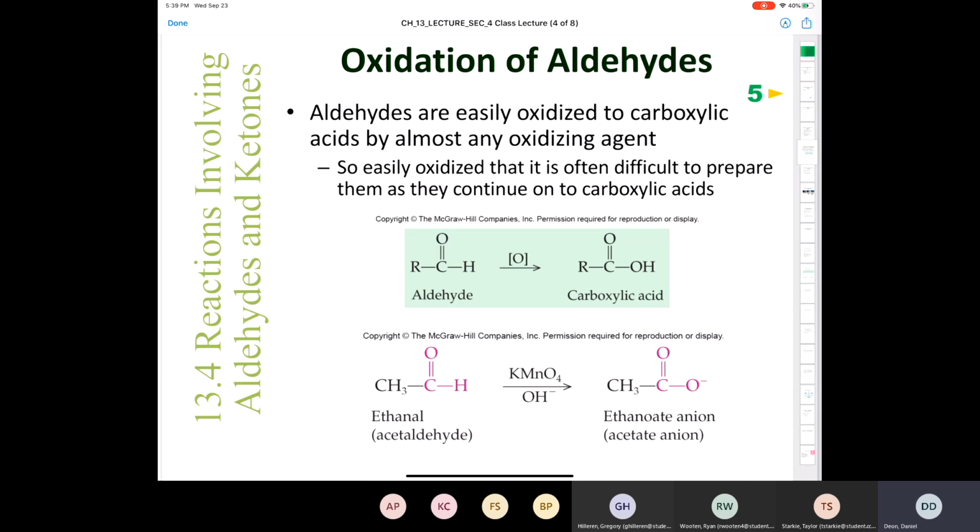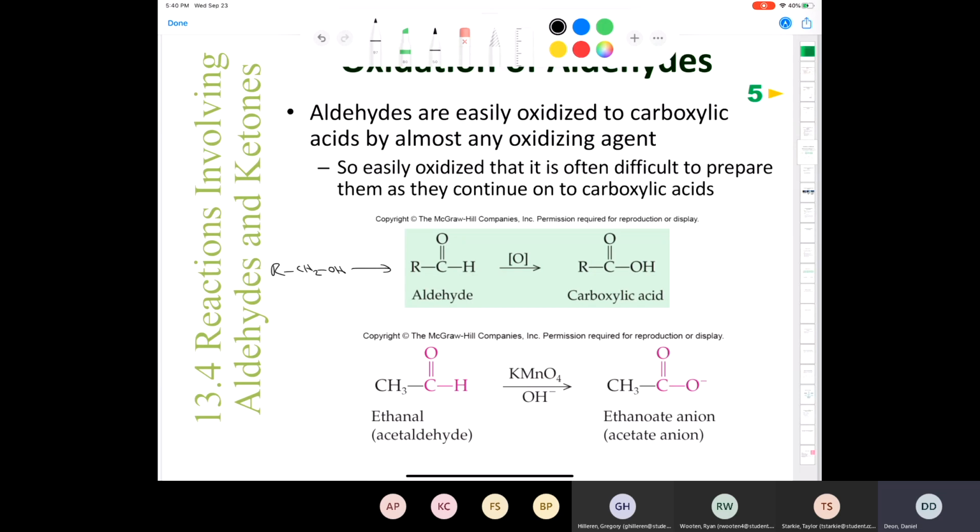Right? Usually when you take a primary alcohol, so like this, and you treat it with strong oxidizing conditions, people usually just go all the way to the carboxylic acid. It just goes past the aldehyde. But I just want to point out that there are reagents out there that can get the reaction to stop at the aldehyde.